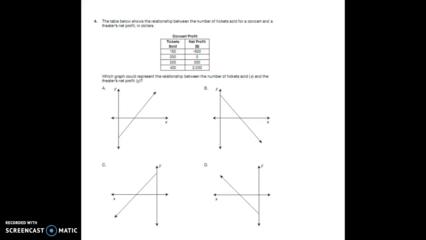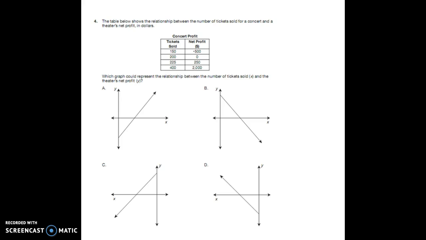Okay, so at 150 tickets sold, we have a net profit of negative 500, so we're still not making any money. At 200 tickets sold, we have no profit at all. That's good, that's our break-even point.